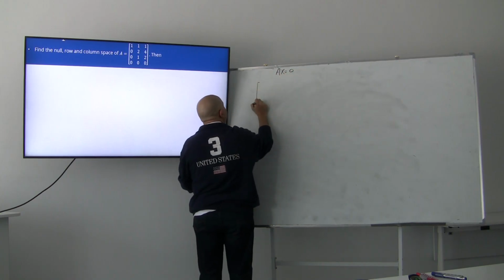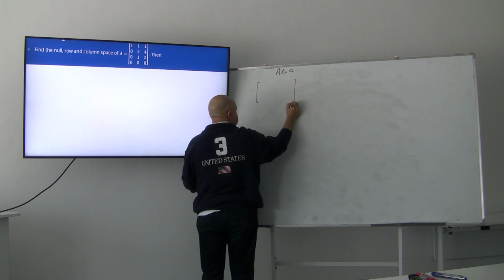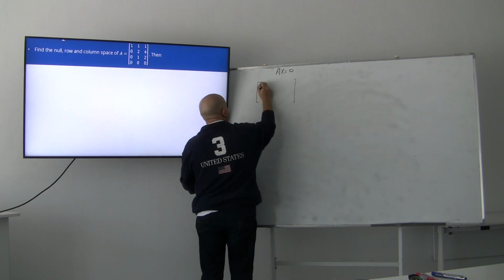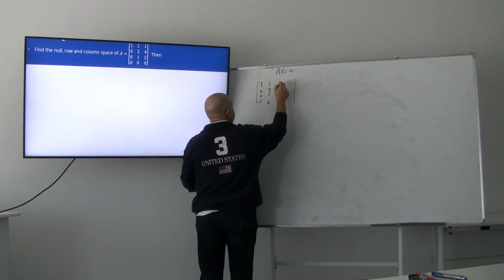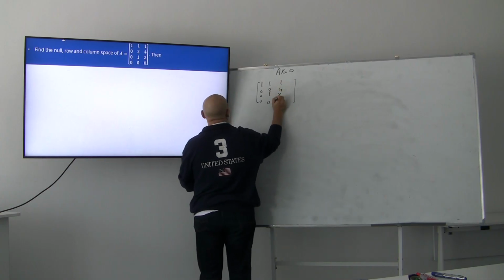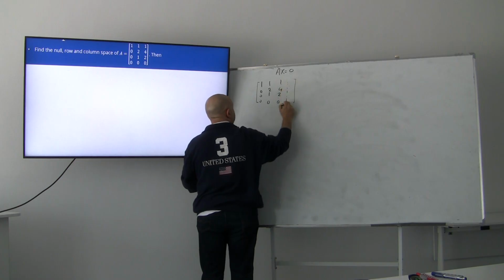So I really feel more comfortable, and it's exactly the same, solving this system which is 1 and 0 0, 1 2 1 and 0, 1, 4 2 and 0, which equals 0 0 0 and 0.